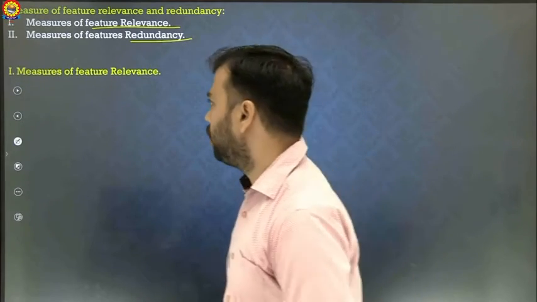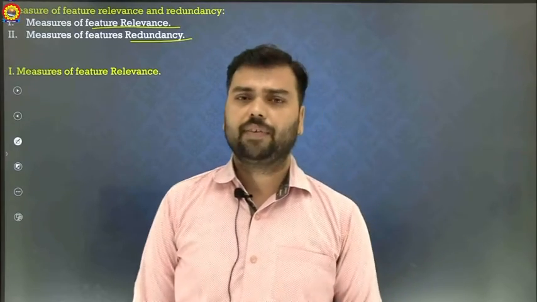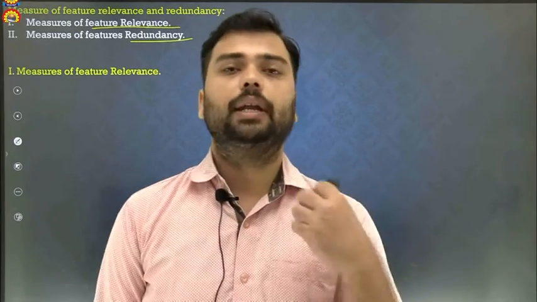So first of all, we are going to discuss measuring the feature relevancy. To measure the feature relevancy, we consider two cases: one is the case of supervised learning, and another is the case of unsupervised learning.